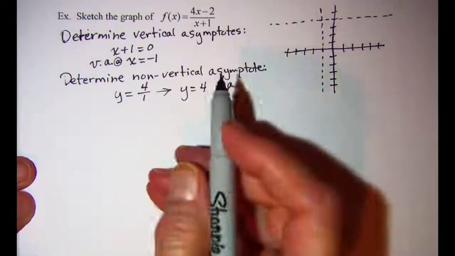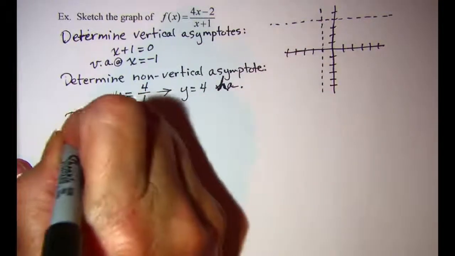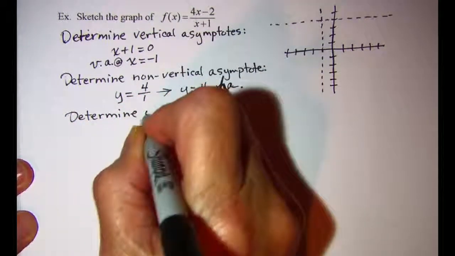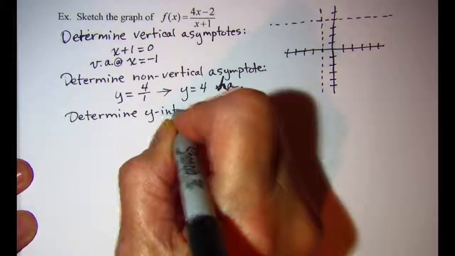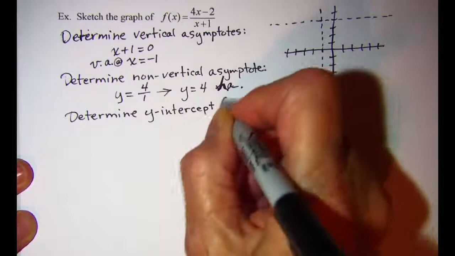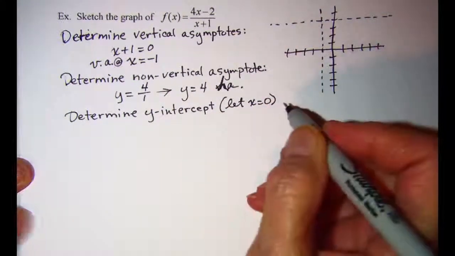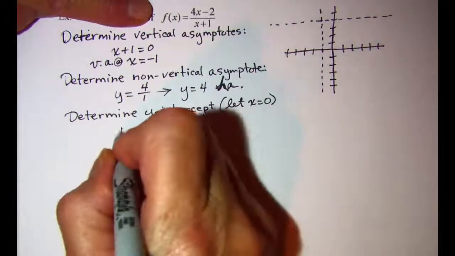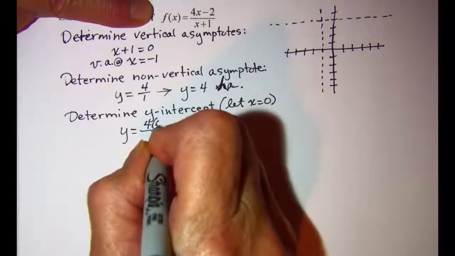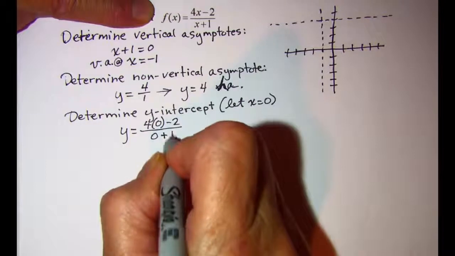Our next step is to find the y-intercepts, by letting x equal 0. If we do that, we have y equals 4 times 0 minus 2 over 0 plus 1.